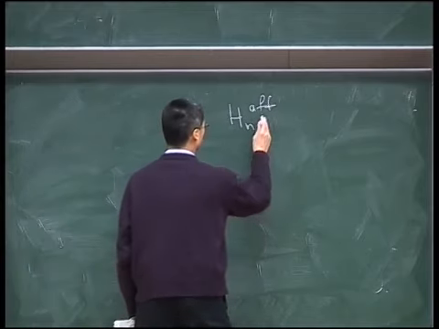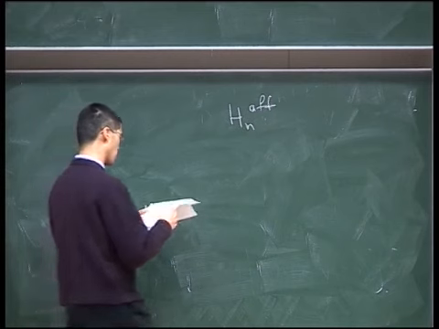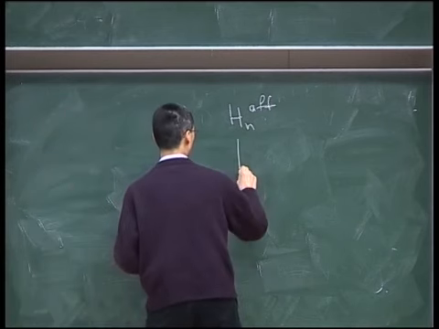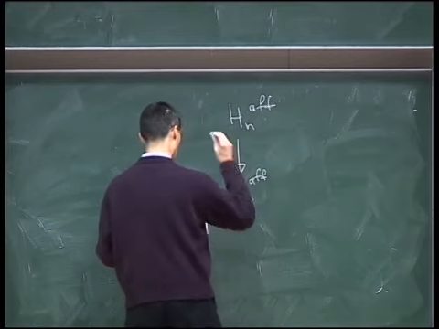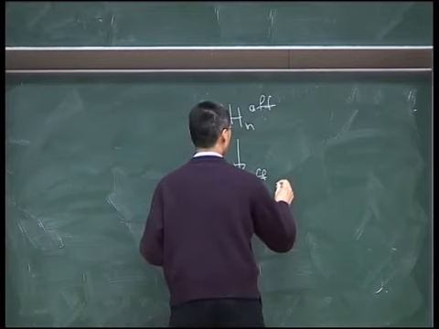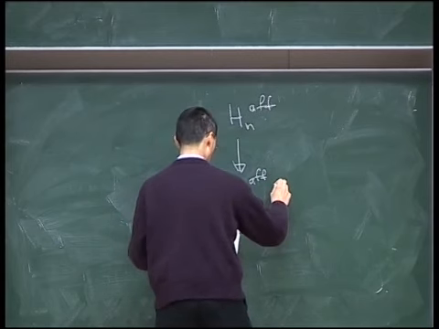Remember that this is generated by t's and x's. The x's generate a polynomial subalgebra. And what I want to do is mod out by the ideal which is generated by symmetric polynomials with vanishing constant term.